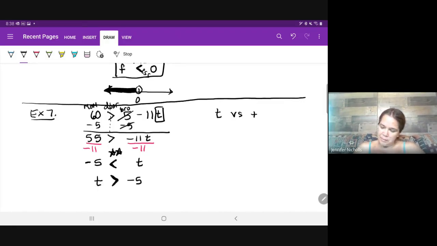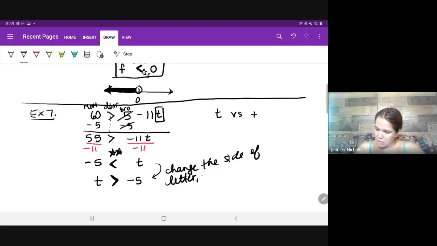Okay, so this one, the reason I'm switching sides is because I changed the side of the T. So if I want to change the side of the letter, switch the sign. Okay, so this is a new thing.